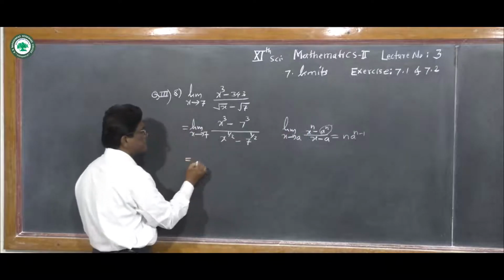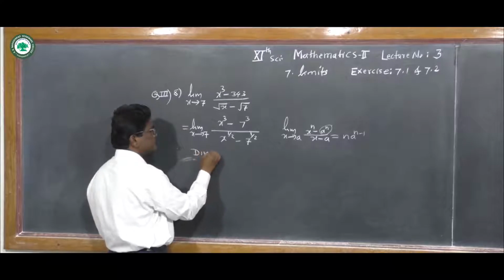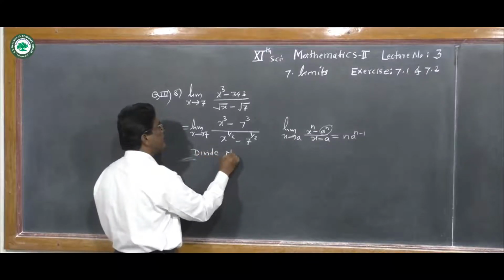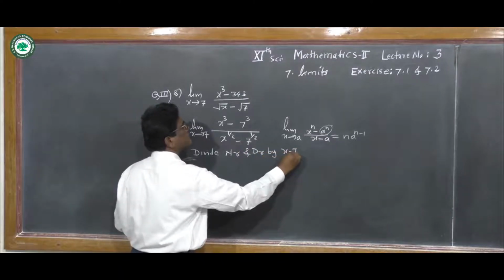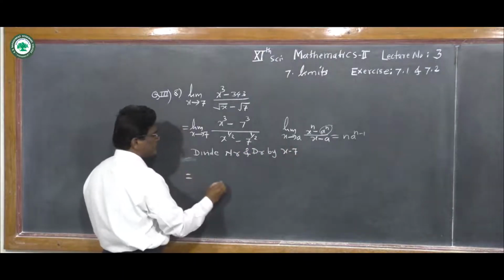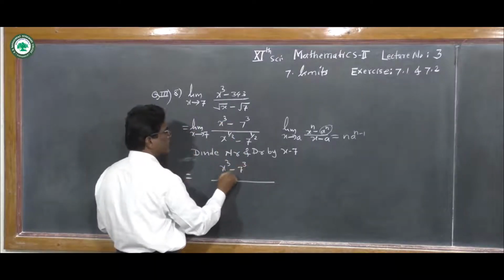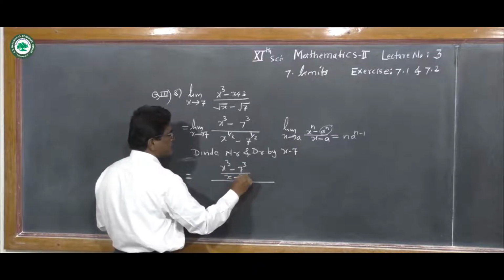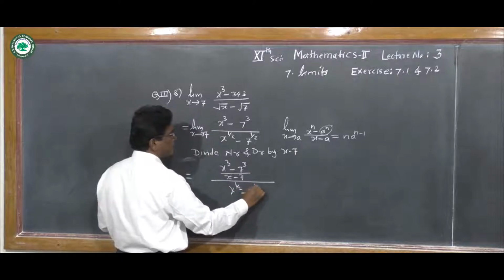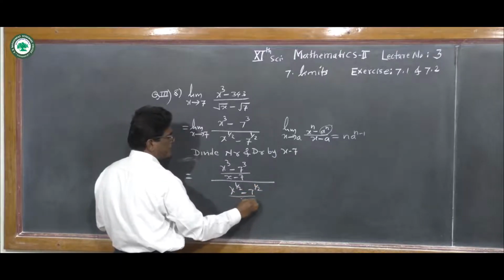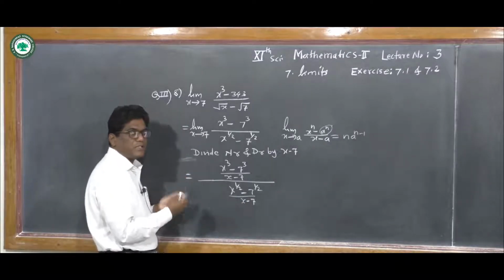So we get x to the power 3 minus 7 to the power 3 divided by x minus 7, and in the denominator x to the power 1/2 minus 7 to the power 1/2 divided by x minus 7, and we now take the limit of numerator and denominator separately using the algebra of limits.